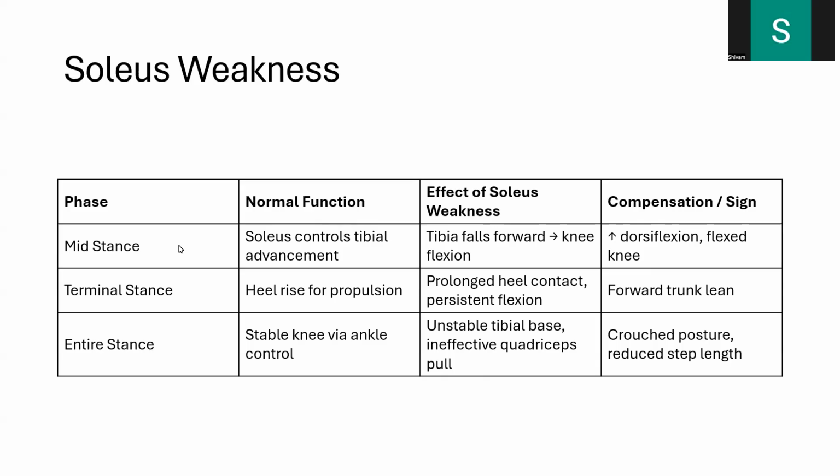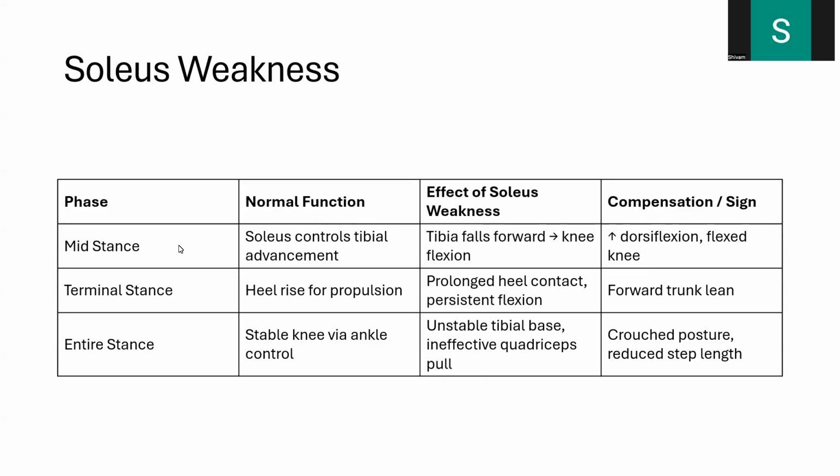When the quadriceps try to extend the knee, they also pull the body mass forward at the hip. This shifts the ground reaction force anteriorly, which increases the external dorsiflexion torque. The weak soleus cannot resist this, and the tibia collapses even more, and the knee stays flexed.